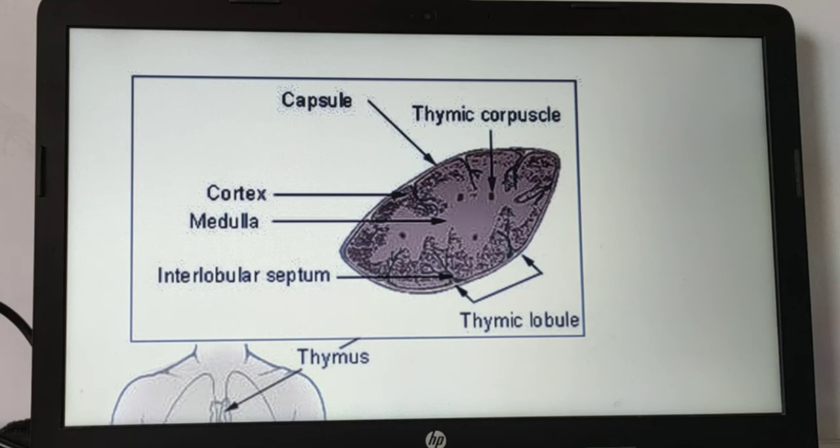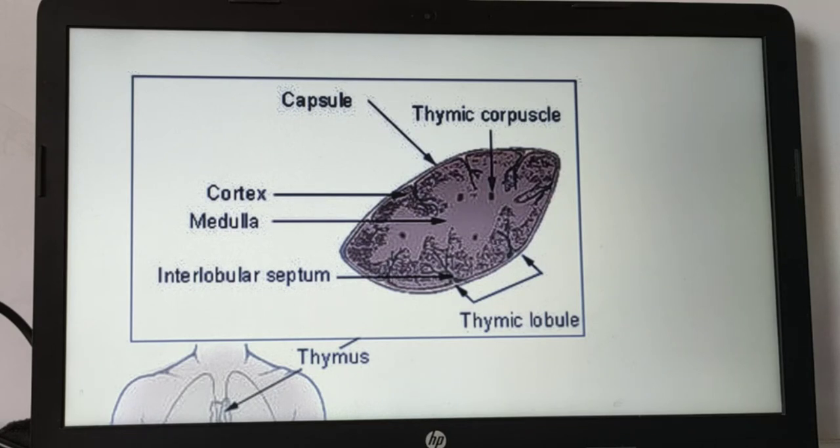When the child grows and becomes an adult, this thymus gland degenerates, and the particular word for degenerated is atrophied. It gets atrophied in the adult, and that's why it is called a temporary gland. So it is present in our body for a temporary period.